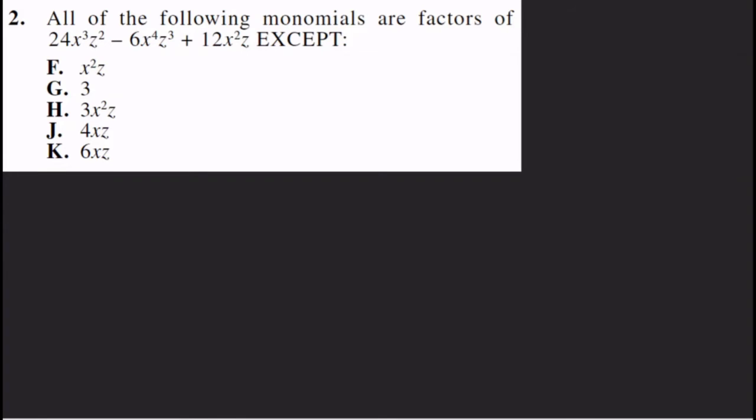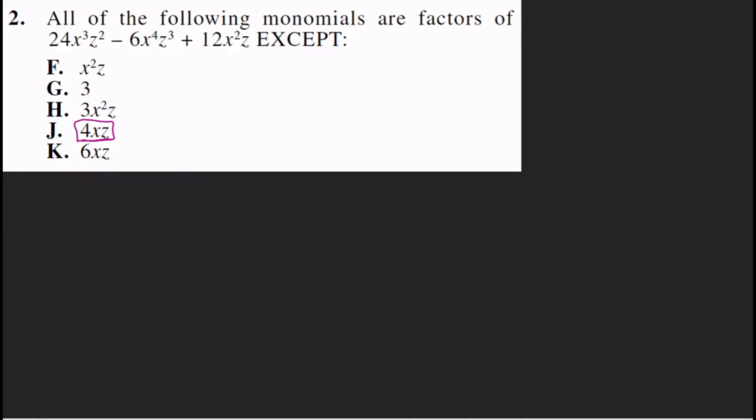So I'm just going to test each answer choice one by one until I find one that doesn't work with all of these. Very quickly, I'm not even going to test all of them because one jumps out at me, and I'll explain why in just a moment. That's going to end up being our answer.